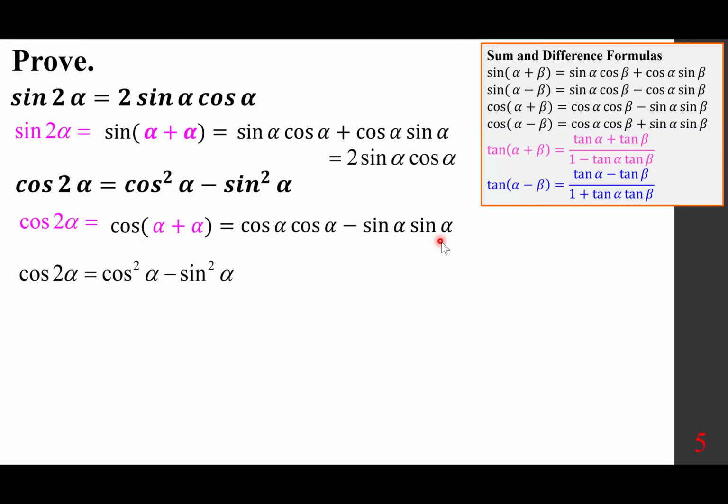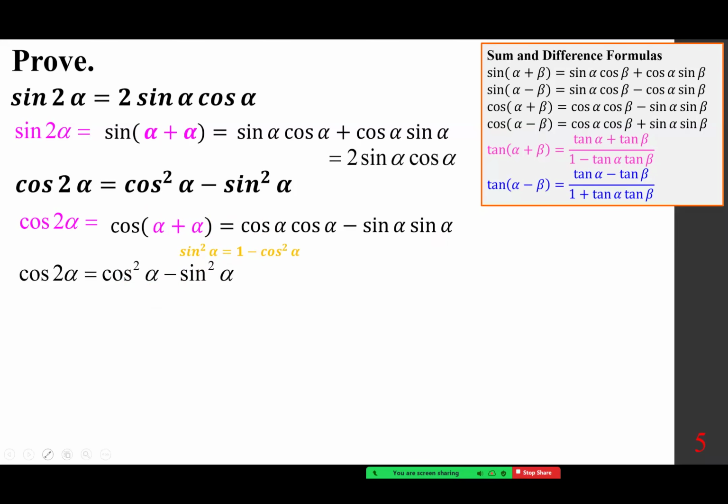Now, Pythagorean identities: we can replace the sine squared, we can replace the cosine squared and see what happens. If we replace the sine squared with 1 minus cosine squared, that means minus 1 plus cosine squared.